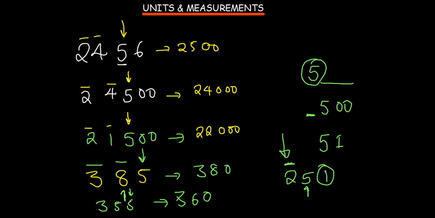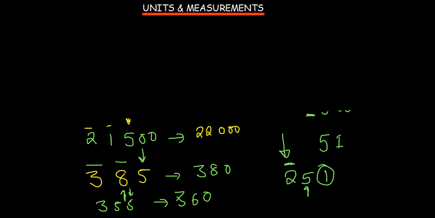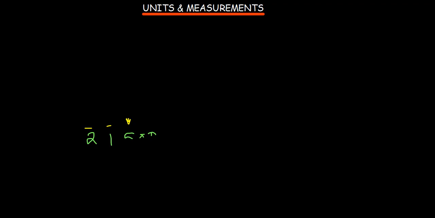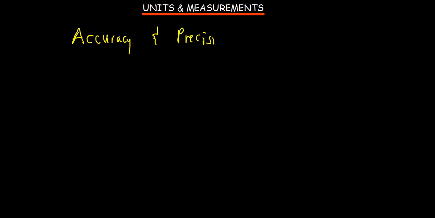Okay. So the last thing I should mention, and then we are done with units and measurements, is what we call accuracy and precision. Now, if we say someone is accurate, it means they are to the point, right?